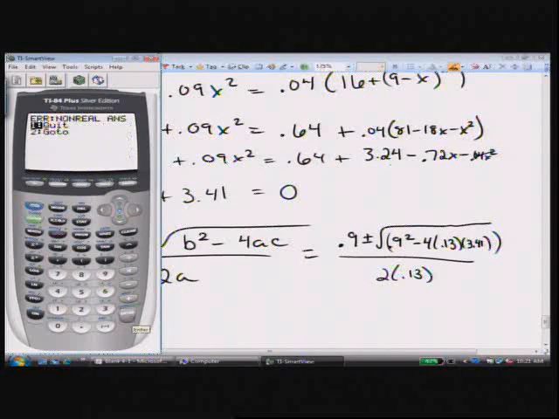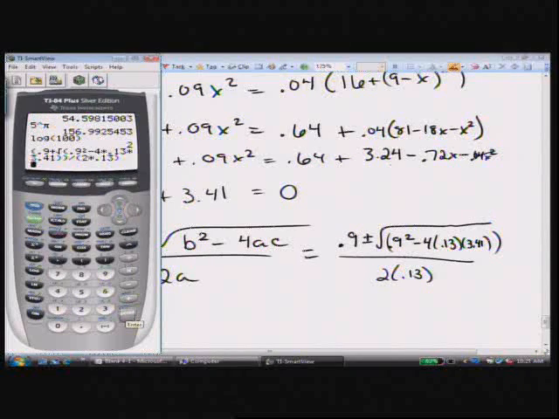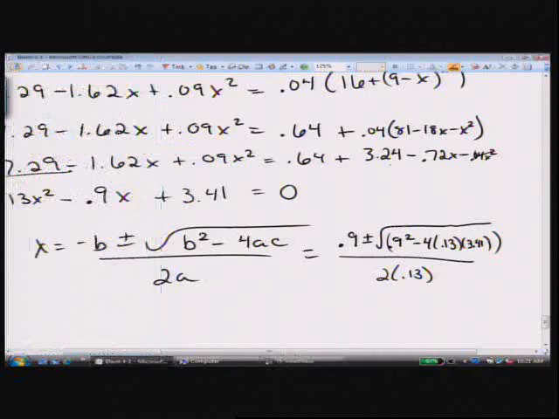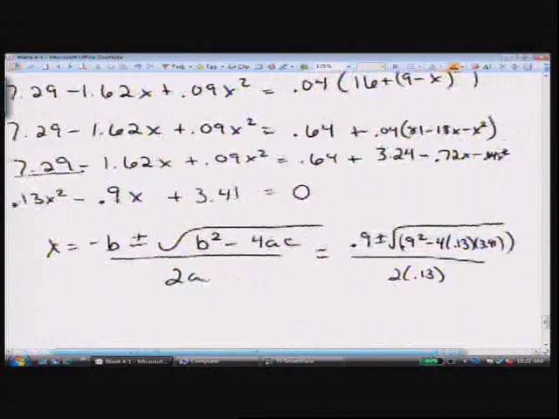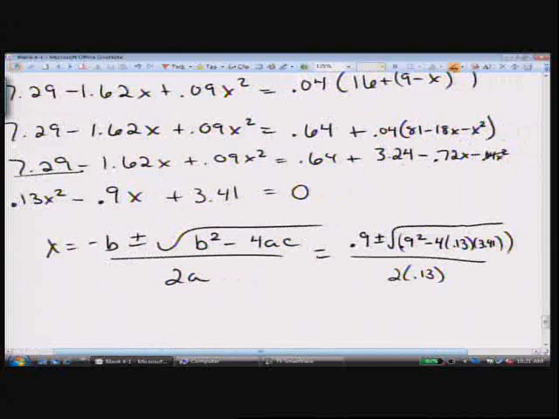Darn it. No, we're in trouble. Where did I get the 0.9 from? I thought it was 0.09. I'm going to have to look back at it. I'll look at it tonight and fix this. I'm sorry, there's a typo somewhere.